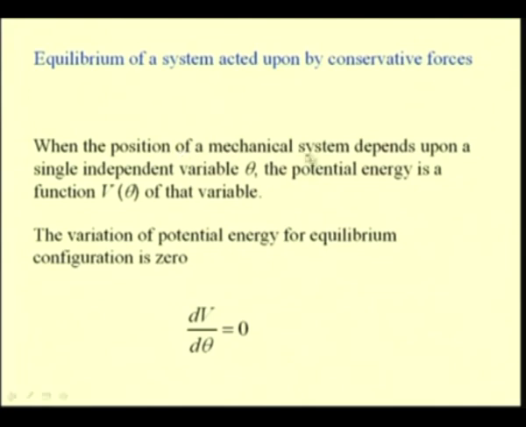If the mechanical system depends upon an independent variable, say theta, then the potential energy for a particular configuration defined by theta is a function V of theta, and the equilibrium equation can be replaced by the condition that the change in the potential energy is 0, that is, dV by d theta for the equilibrium configuration is 0. This is what we saw in the last lecture.